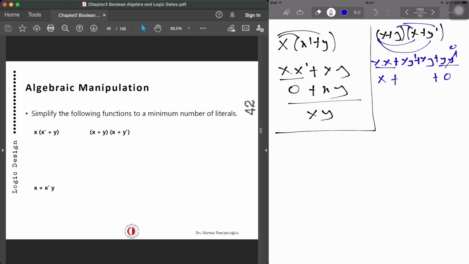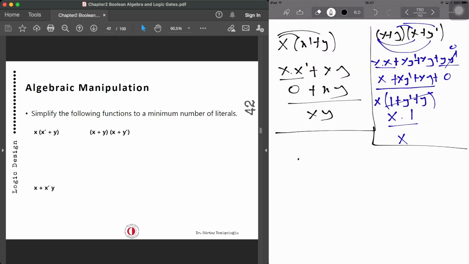And what we have left is xy prime or xy. Now, as x is common, I can take x out, and this is going to be 1 plus y prime plus y. Anything ORed with 1 will give us 1. So x dot 1 will give us x. And that's the answer for the second one.